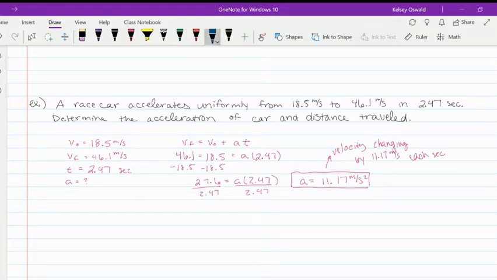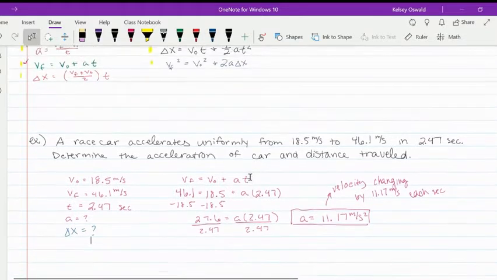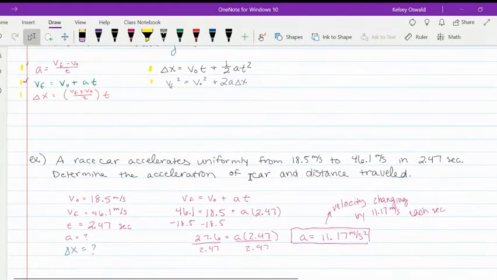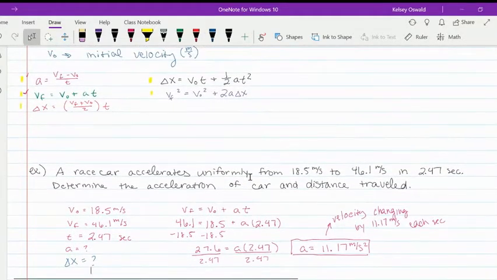The second part of this question is asking for displacement, or the distance that's traveled. I'm going to pretend like I haven't already solved for my acceleration. Now I'm going to come up to my list and see which one has initial velocity, final velocity, time, and displacement.